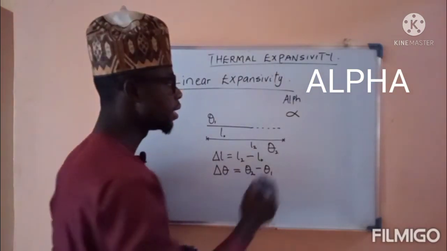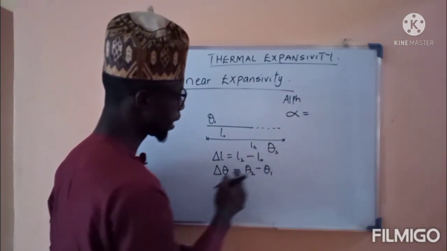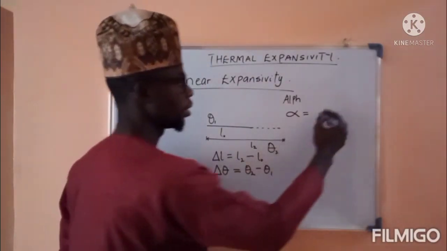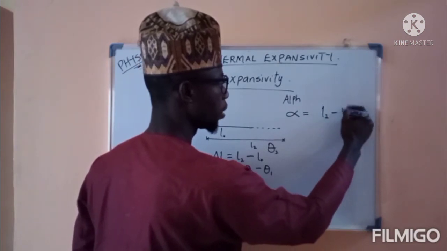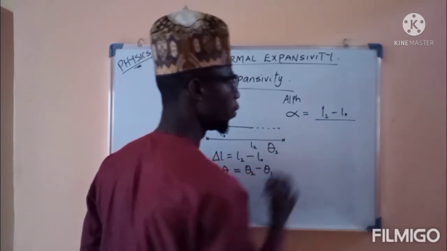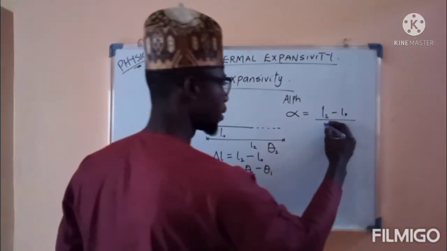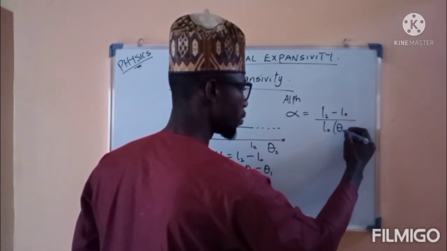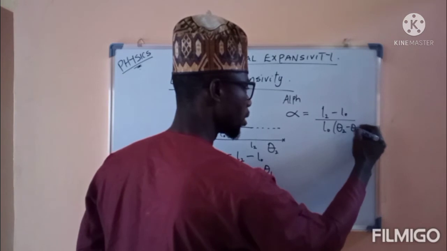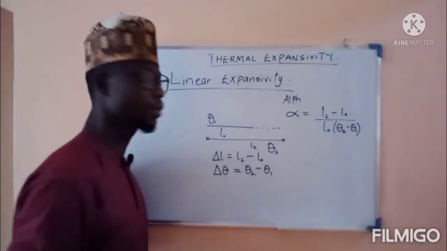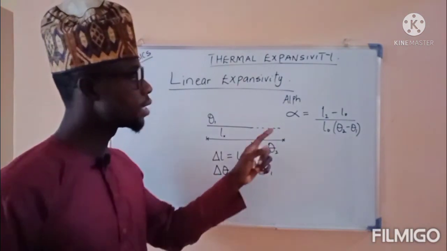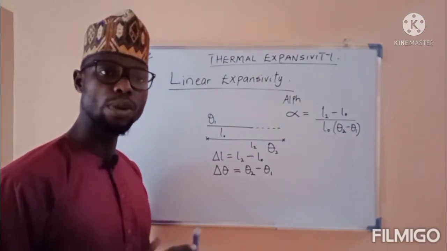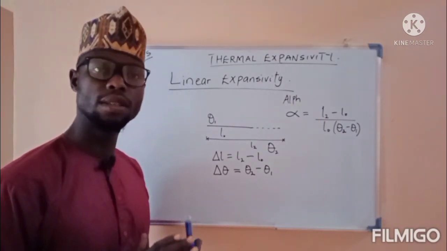Alpha is the increase in length, which is L2 minus L0, all over the original length L0 times the change in temperature, or temperature rise, which is theta 2 minus theta 1. So the linear expansivity is known as the coefficient of expansivity, which is peculiar to different materials.